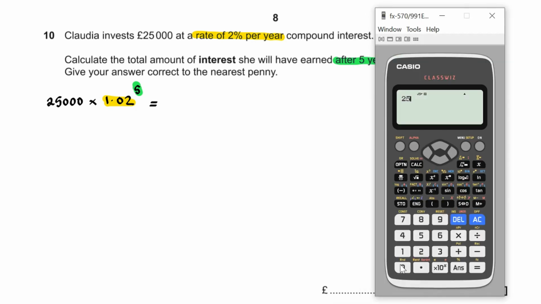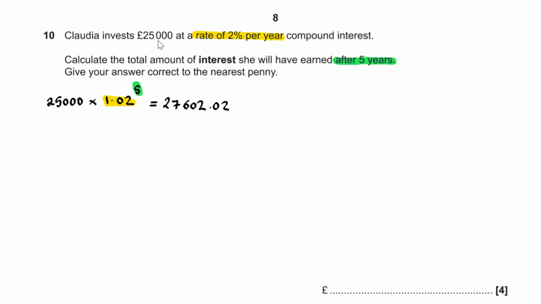So we've got 25,000 times 1.02 to the power of 5, which is 27602.02. And therefore, the interest will be the difference between this amount and this amount. So for the interest, we would have 27602.02 take away 25,000.